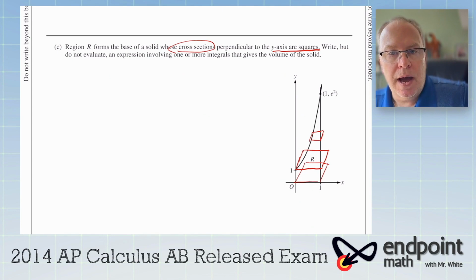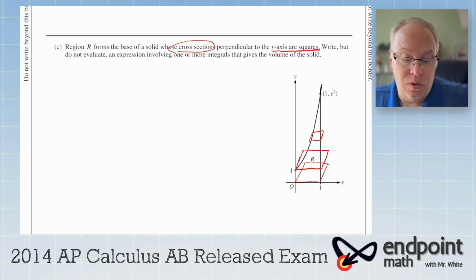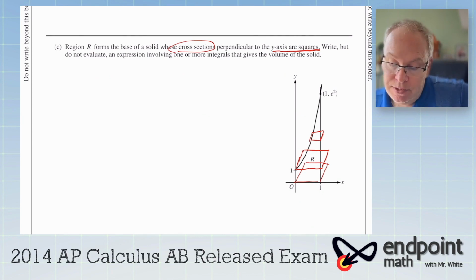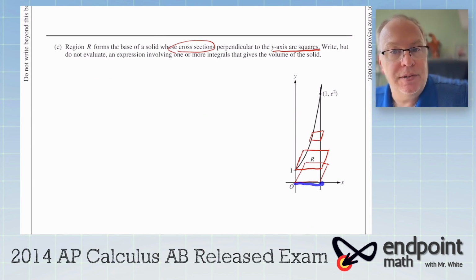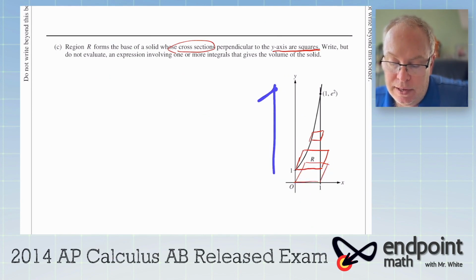So how do you find the area of a square? It's just side squared. Side times side. So if we could figure out this side, then we just square it. That would give us the area. And then, of course, we integrate it over the entire thing.